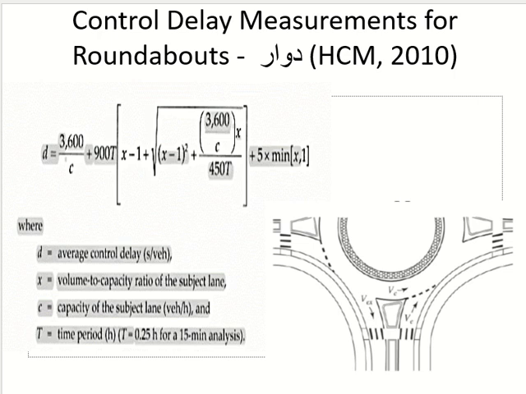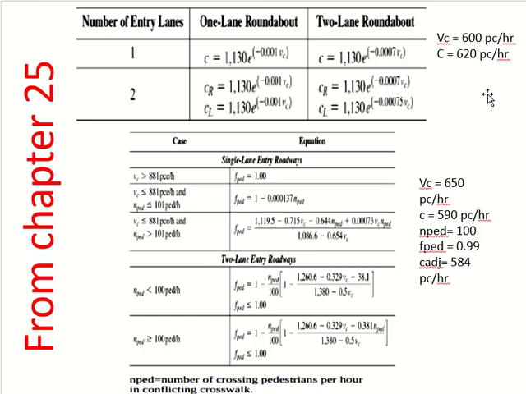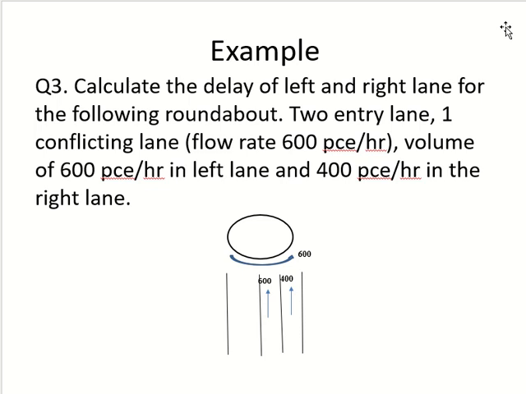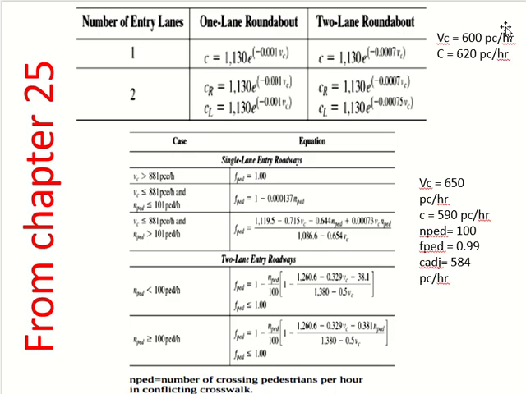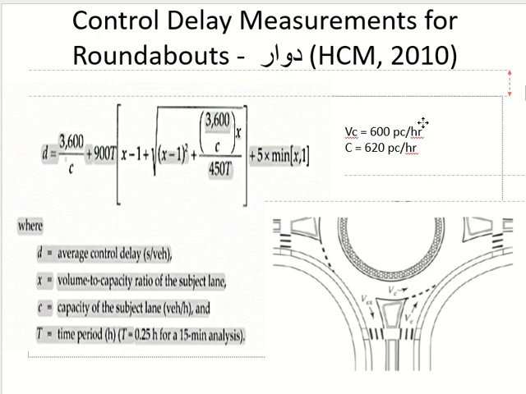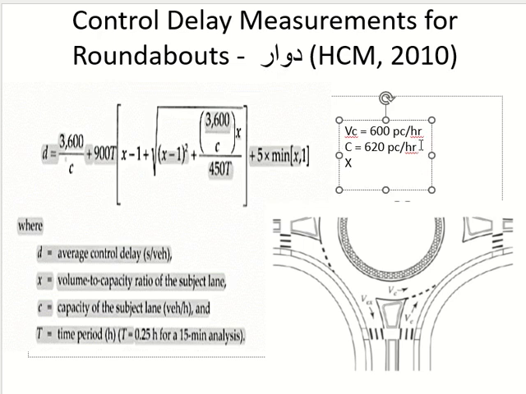What was X? Volume to capacity ratio. Okay, so you have the volume for each lane different, right?